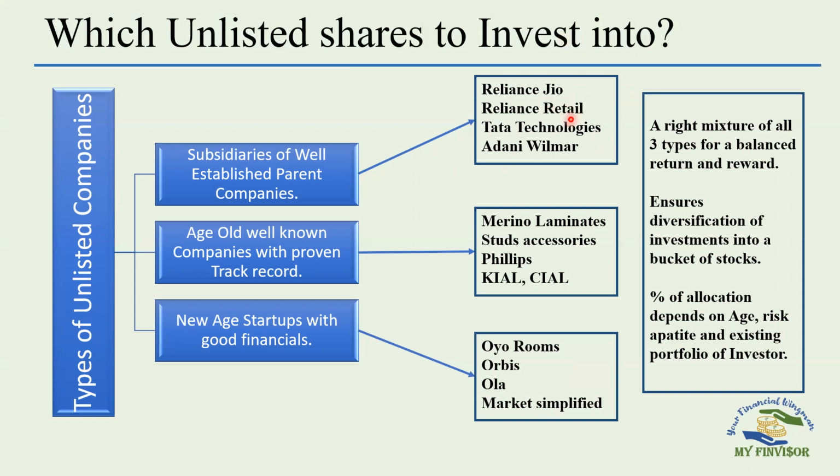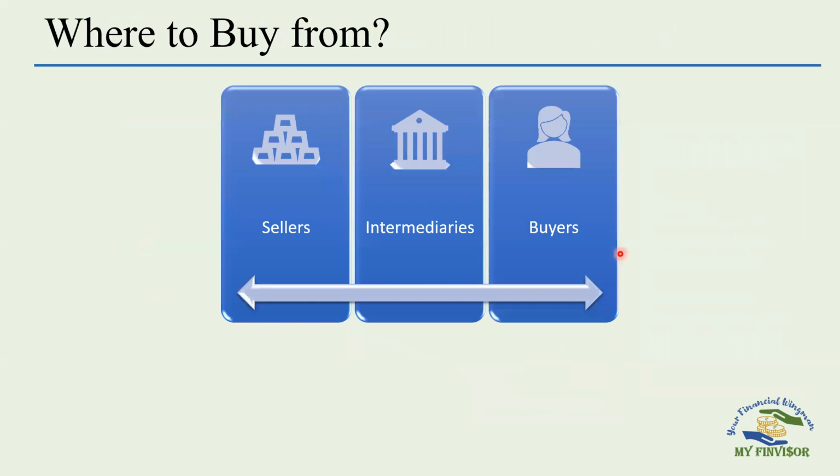Sometimes it is 50% into this and only 10% into this. So this all depends, but it is always better that you diversify your money, not all money flowing into one company. And you will always have to distribute it at least in 6 to 7 companies. So that is how the investments are to be made.